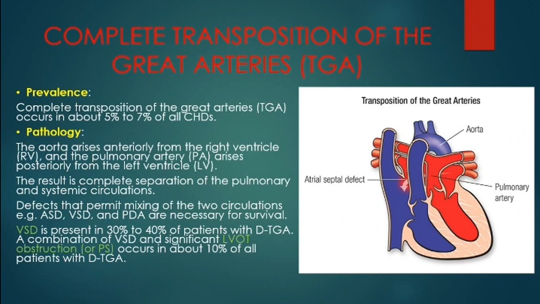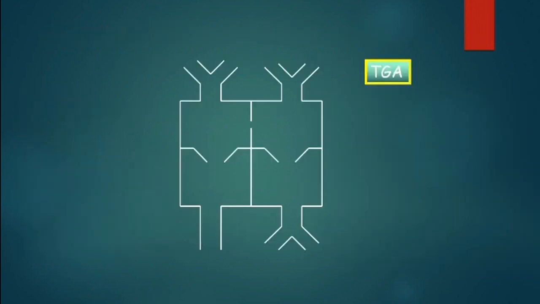Some cases may have VSD as part of their pathology, and some cases may have left ventricular outflow obstruction as part of their pathology. This is a diagram showing the parallel circuits of the TGA, where the deoxygenated blood comes through the superior and inferior vena cava to the right atrium to the right ventricle, and then to the aorta to the systemic circulation.